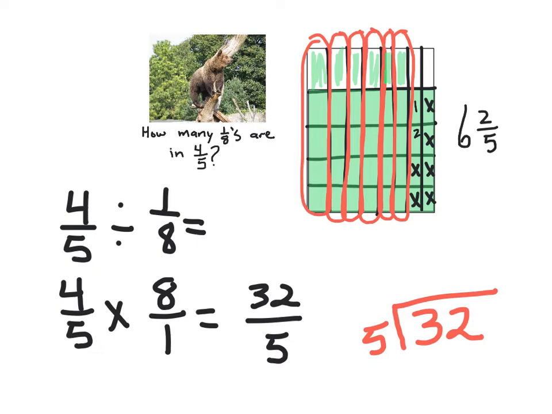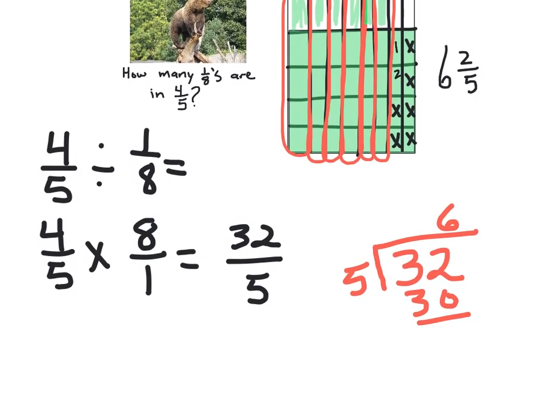And 5 is going to go into 30 6 times, right? So I go 6 times 5 is going to give me 30, right? And actually I said 30, but it's actually going into 32, right? It just gives me 5 times 6 gives me 30. So then when I subtract it, I get 2 left over. And then your remainder turns into your numerator, right?